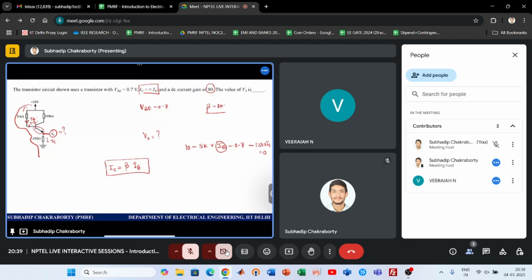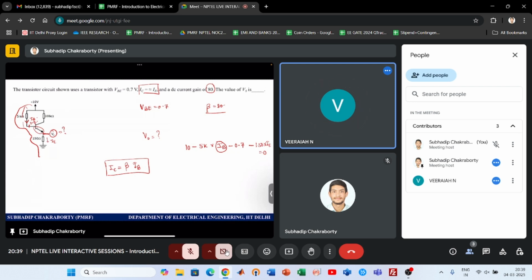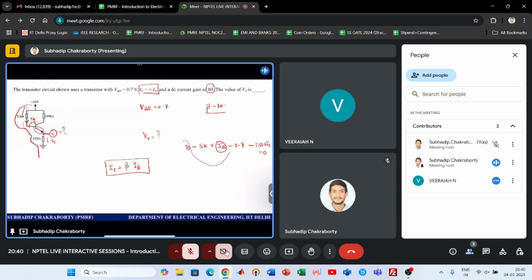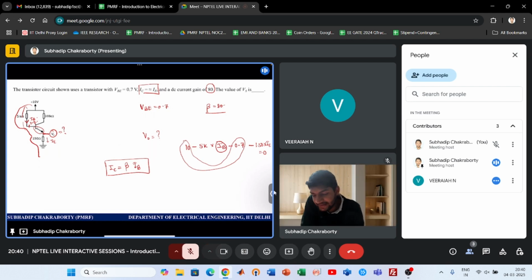But you are using the KVL loop, right? We have already taken 10 minus 0.7 into consideration, so again you cannot use it in this equation. Then everything will come to be 0, because you are already applying the KVL.